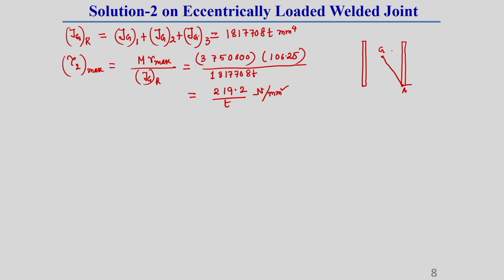As M is acting in this direction, the direction of tau 2 max will be opposite to this. To find the horizontal and vertical components of tau 2, we have to find this theta angle.